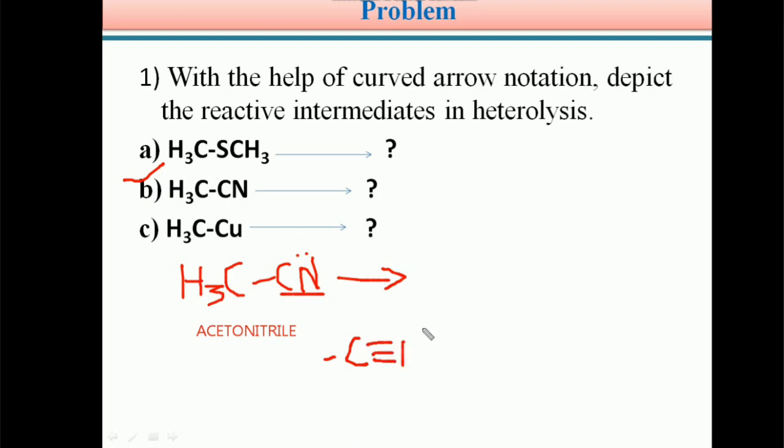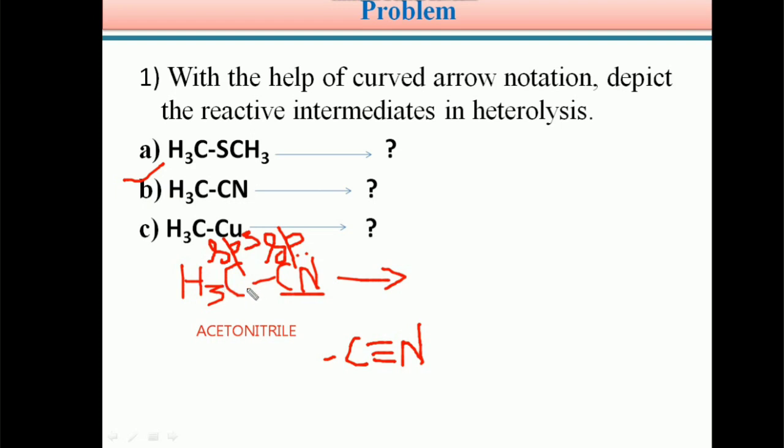The hybridization of this carbon is sp, and this carbon is sp3 hybridized. Students, we know very well that an sp hybridized carbon is more electronegative than an sp3 hybridized carbon.